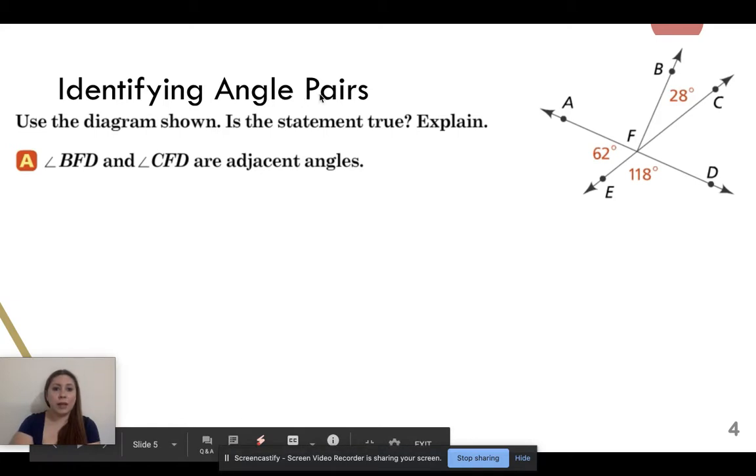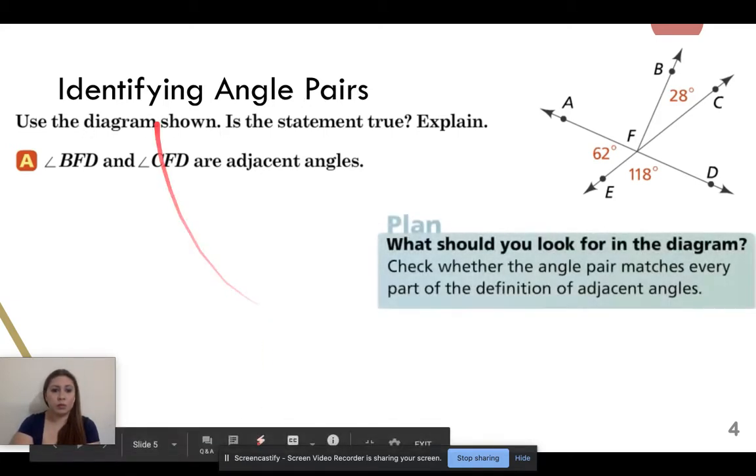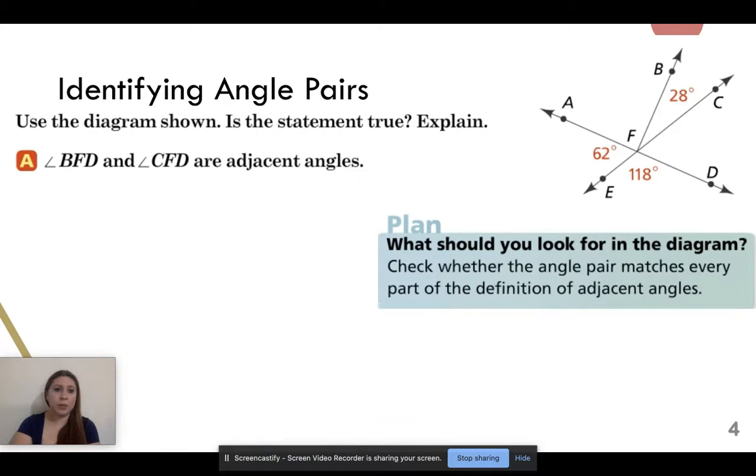Identifying angle pairs: use the diagram below. Is the statement true? And explain. What I'm trying to find out is if BFD and CFD are adjacent angles. So what should you look for in the diagram? Check whether the angle pairs match every part of the definition of adjacent angles.